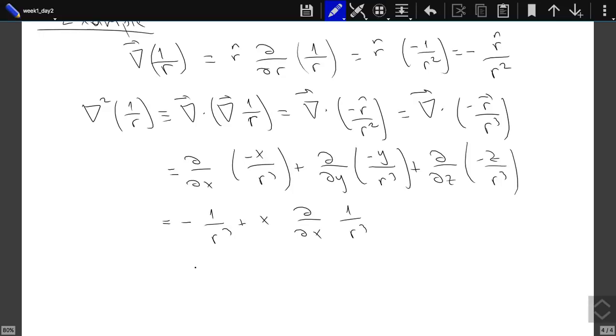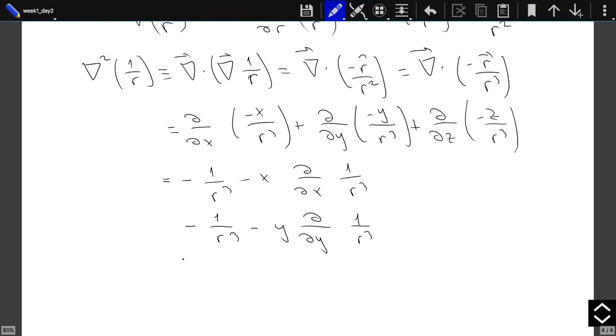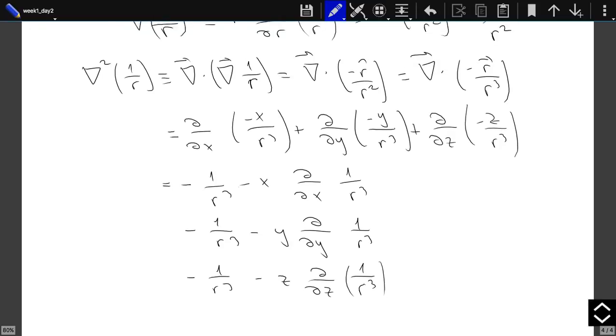The second one, again, the derivative of y with respect to y is 1, so minus 1 over r cubed, minus y times del over del y of 1 over r cubed. Minus derivative of z with respect to z is, again, 1 over r cubed, minus z del by del z of 1 over r cubed.